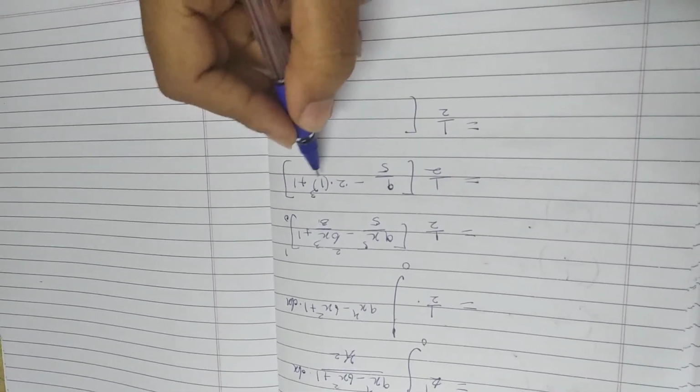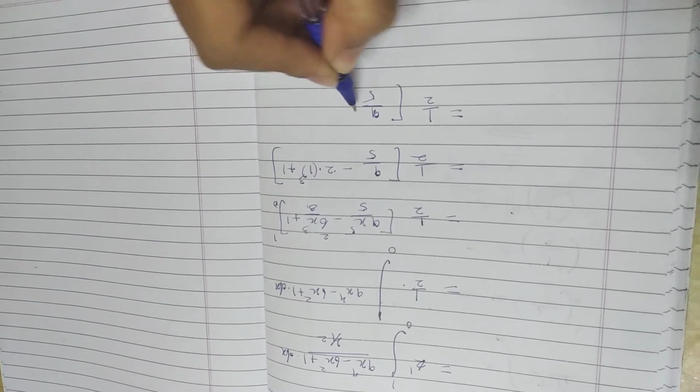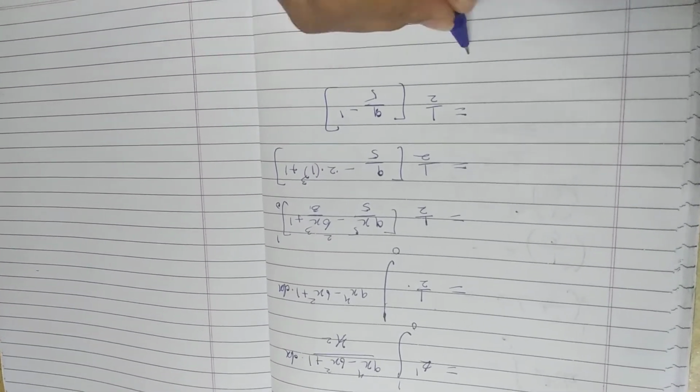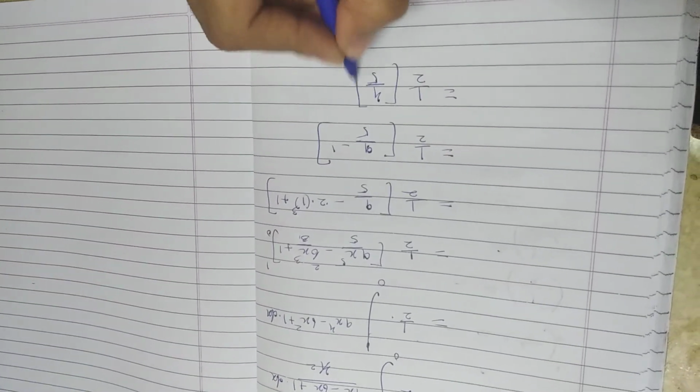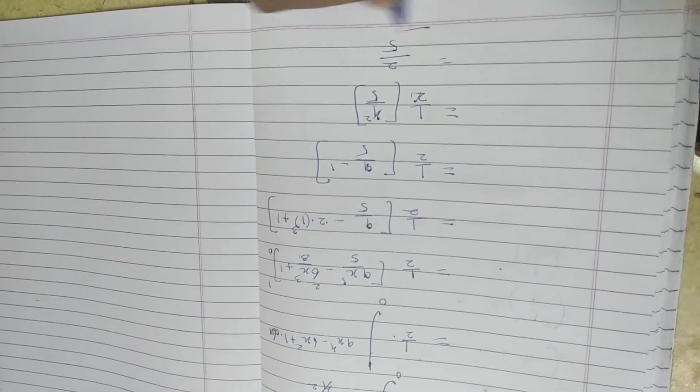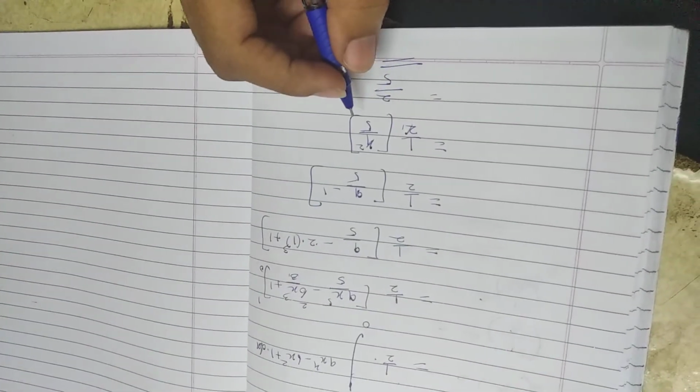So we will get 1 here. Now it is 4/5. Conclude that the value is 2/5.